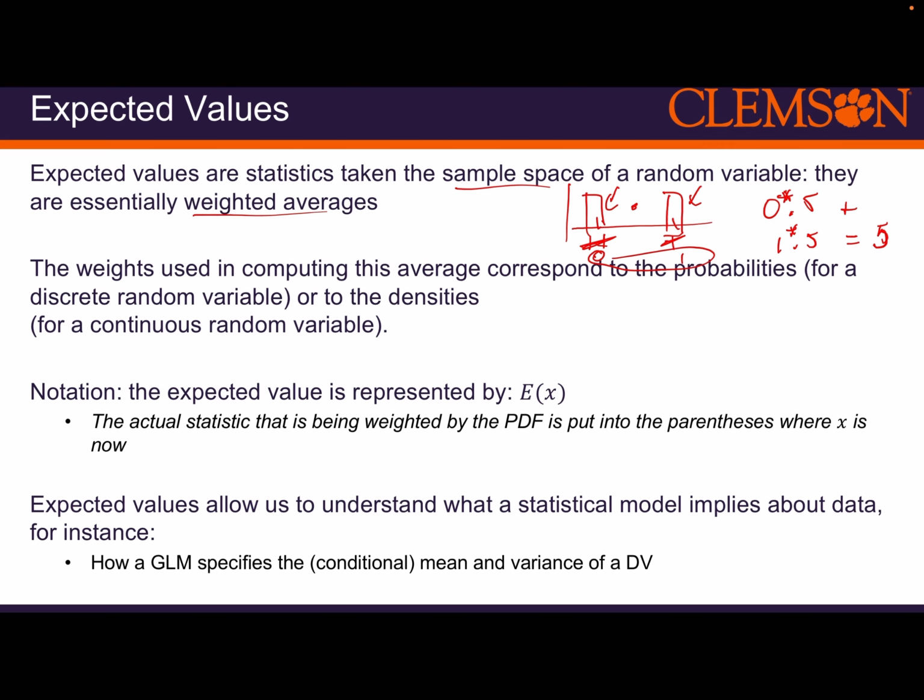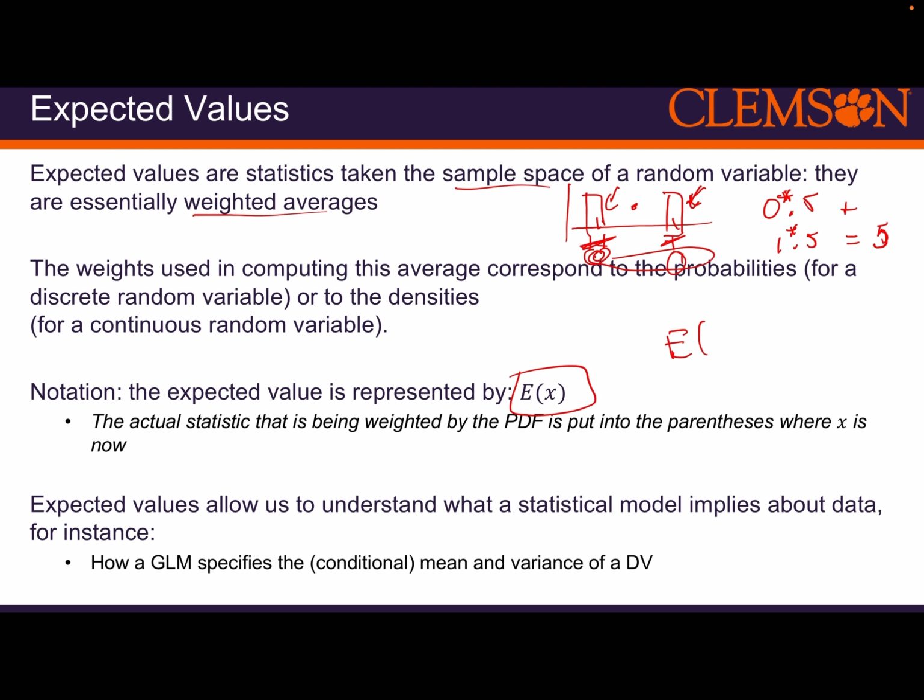So an expected value is a weighted average. What goes into it is the value from the sample space, and it's weighted by either the probability mass function or the probability density function. Now, the notation that we use is this E function.